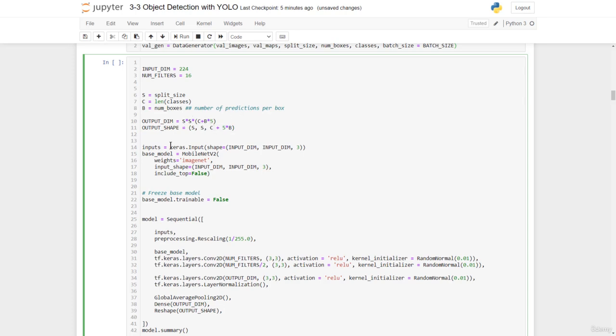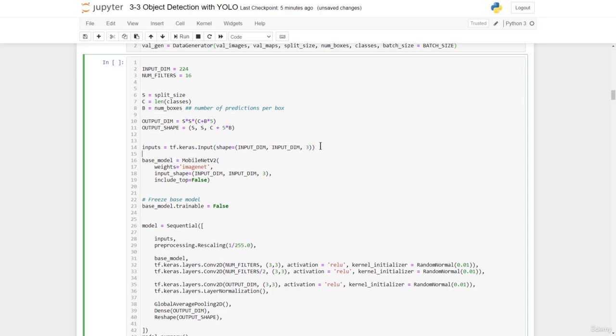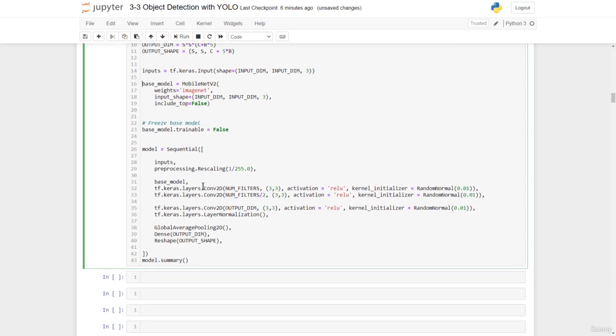Now for the input, we define the TensorFlow Keras input. We have a base model, which is the MobileNet. So unlike the base model used in the paper, we're going to use a much lighter model, which is the MobileNet, which has already been trained on ImageNet, so no need for us to retrain it. Now we freeze the base model, and then we add 3 convolutional layers.